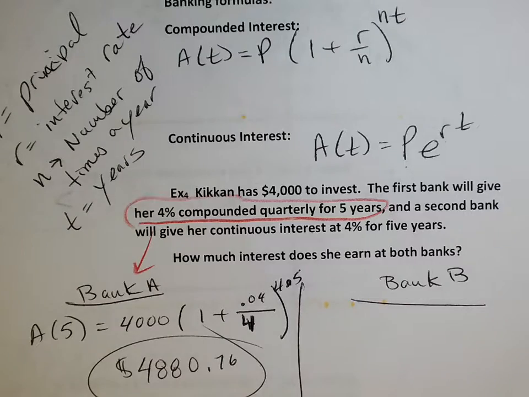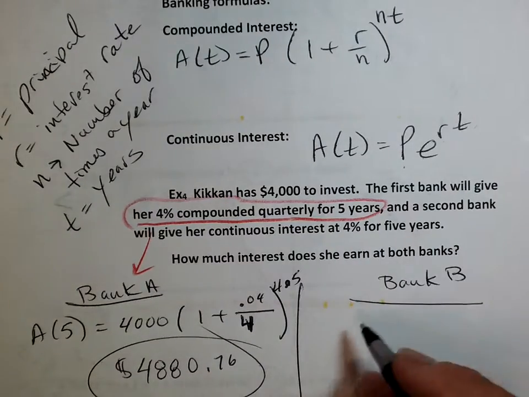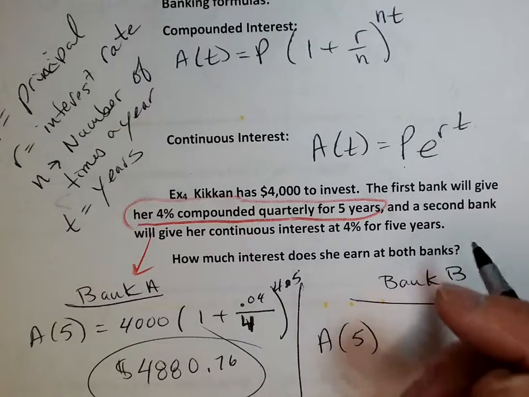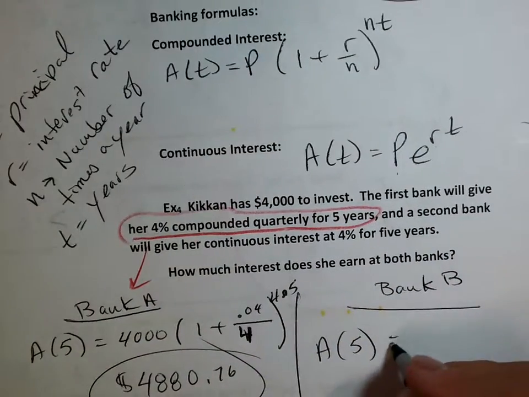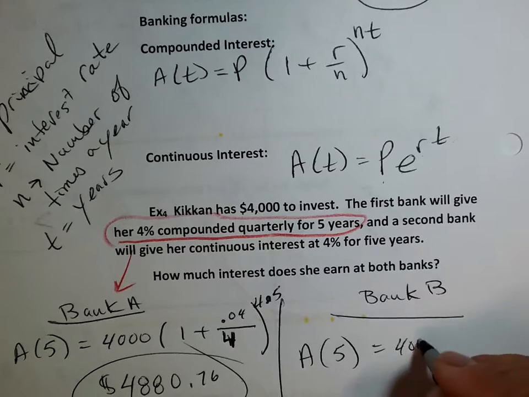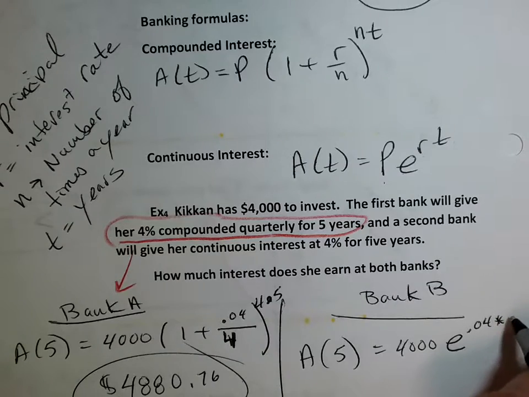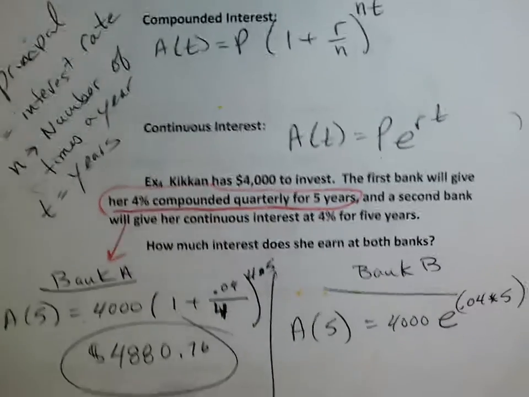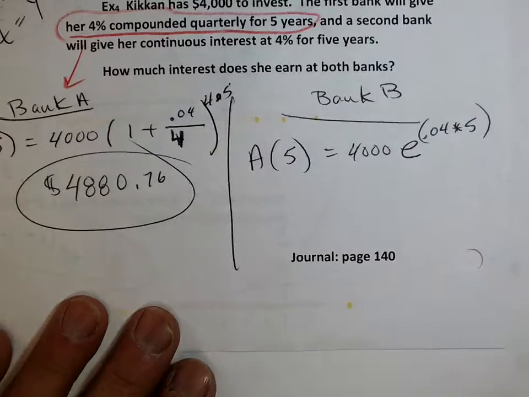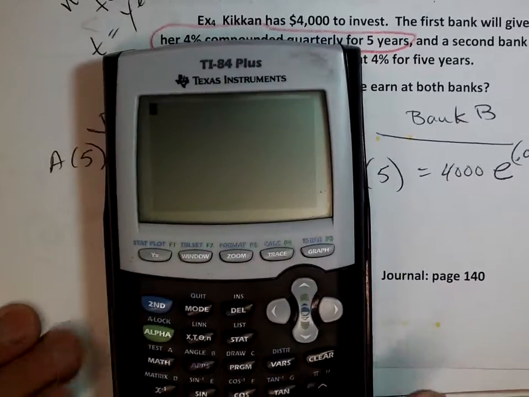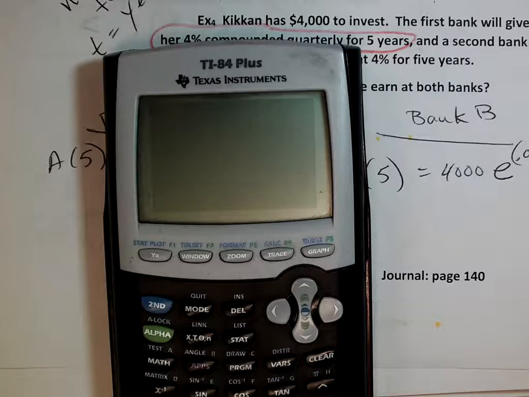Better deal, right? So she's going to use the other formula. A of 5, the amount over 5 years, is equal to 4,000 E to the 0.04 times 5. And again, I'm just going to use my calculator. I've got an E button on my calculator, right over here.